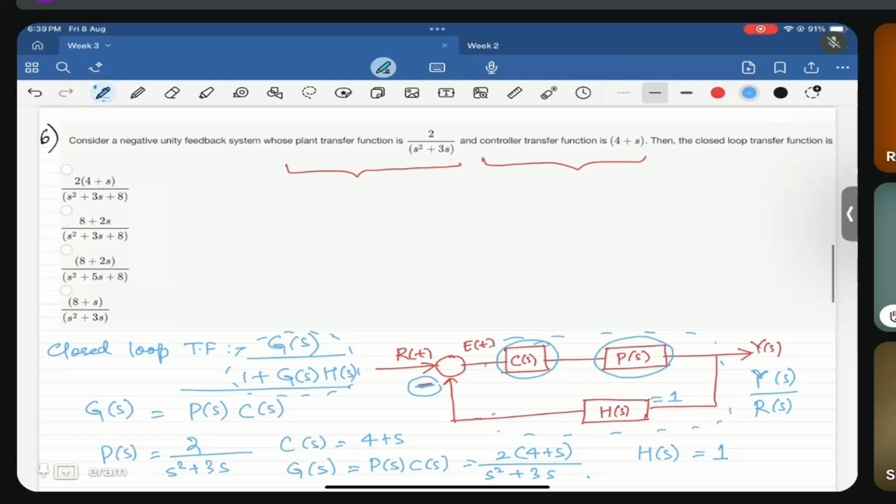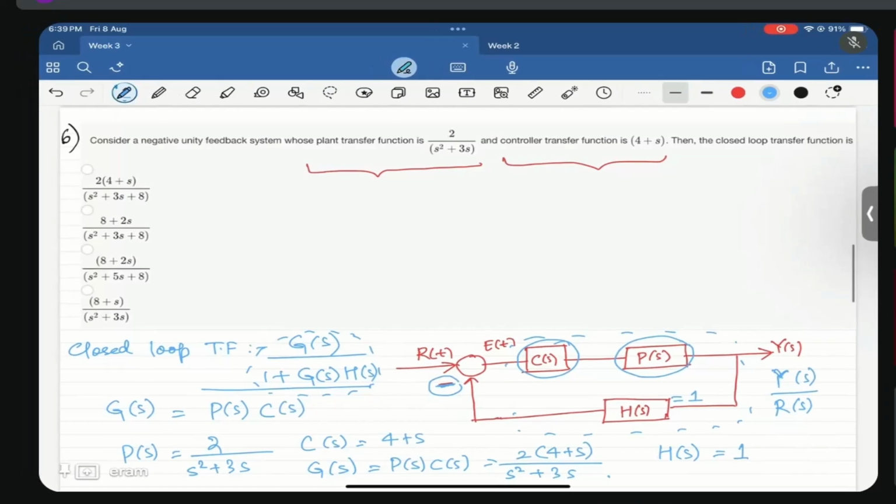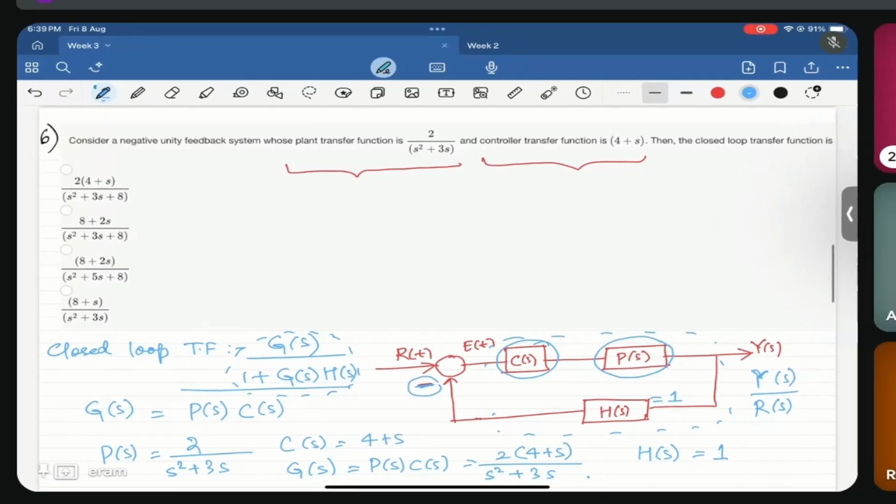How many of you are getting option C? Okay, let's check it.